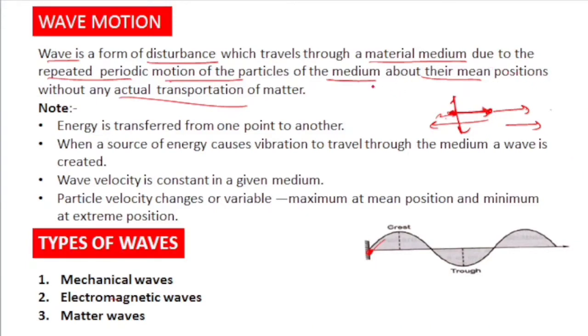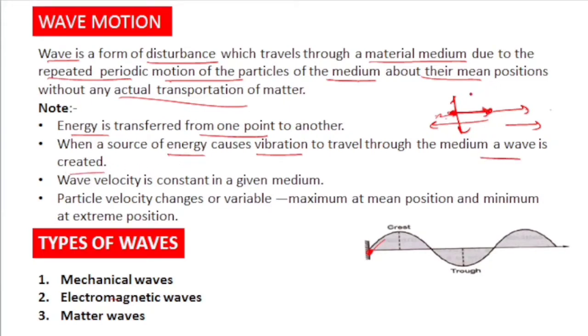In this transfer, only energy is transferred from one point to another. There is no actual transportation of matter. Only energy is transferred, and that energy is nothing but the disturbance. And when a source of energy causes vibration to travel, a wave is created.